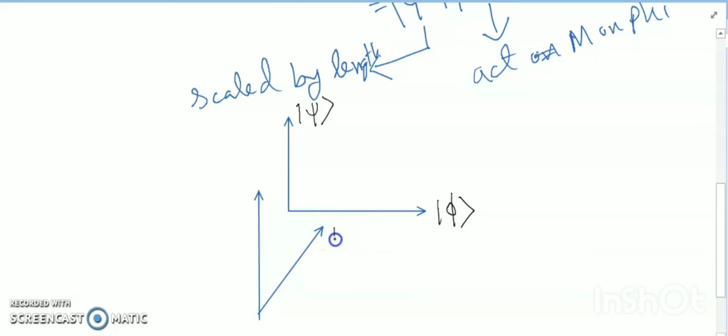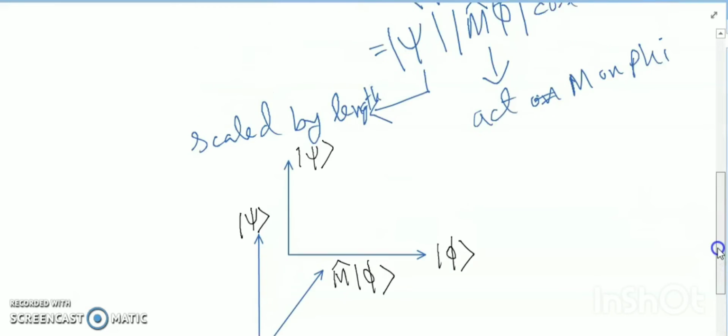It can be written as M acting on phi and scaled, and this is the psi. So we ask whether we have an operator N that we can apply to psi instead and give an equal inner product.